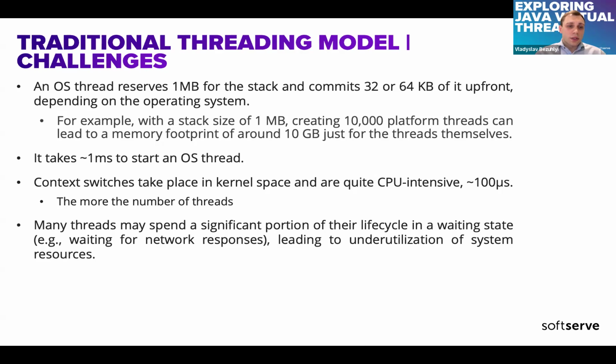And context switches that take place also take time, and the more threads there are, the more frequent the switches are. Many threads may spend a significant portion of their life cycle waiting for something like a network response. And this in turn leads to underutilization of the system resources.